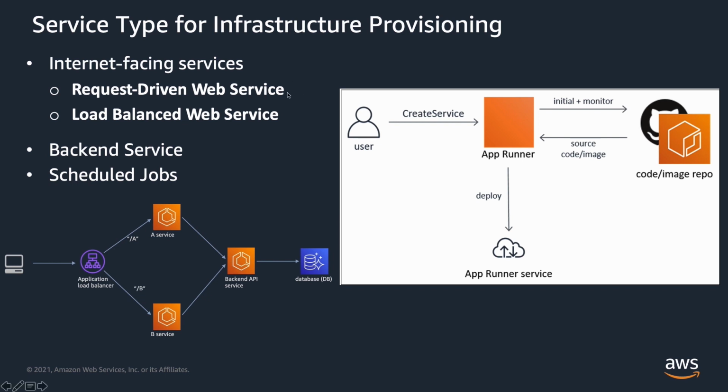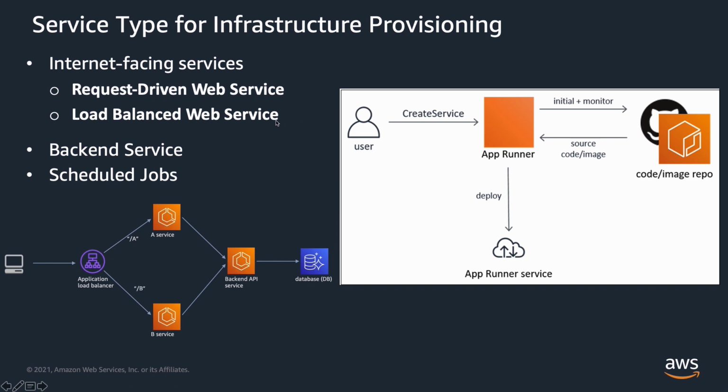Now, this option is more cost-effective for HTTP services with sudden bursts in request volumes or if you have low request volumes. So remember, for any sudden or low request volumes, use the request-driven web service.